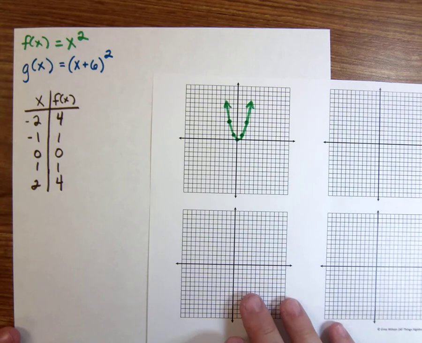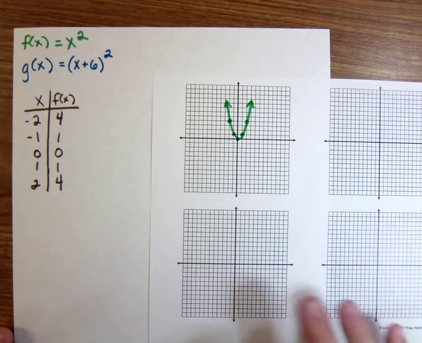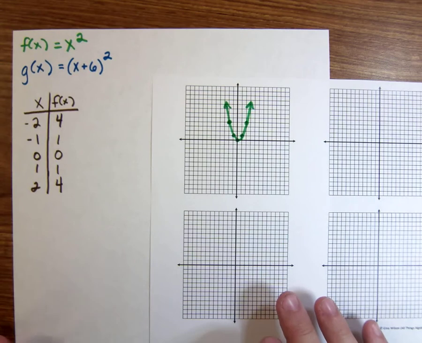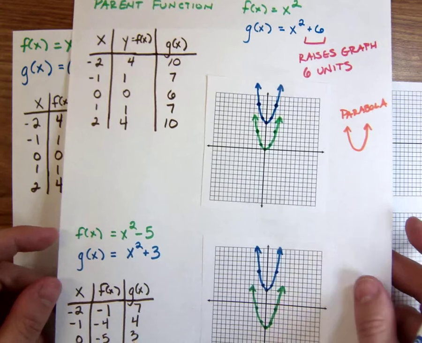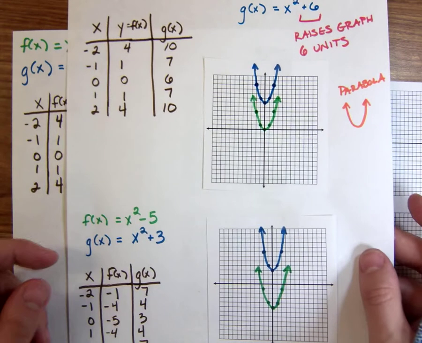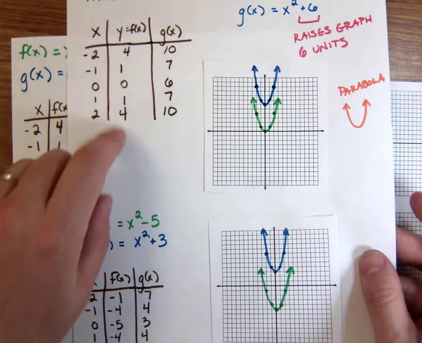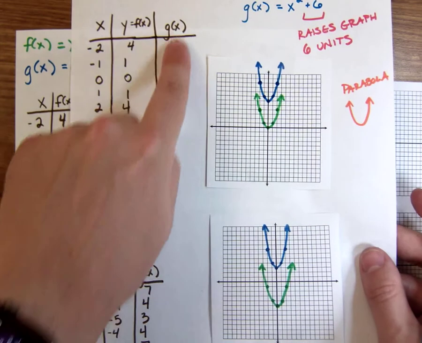If I could draw my lines between the dots too. So what happened on these first problems here is that adding or subtracting changed the y value. The y values from the parent function were changed in the new function.